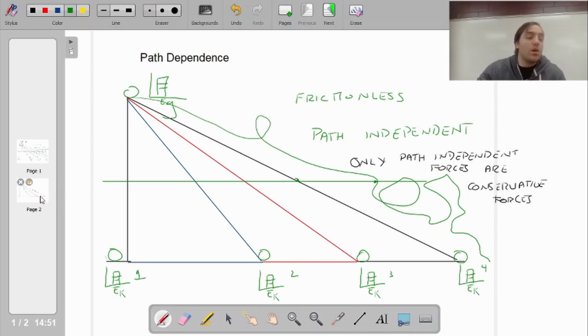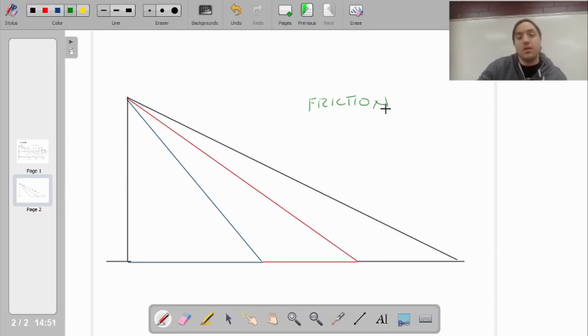Now, if we were to talk about friction, suddenly the path you take to get to the bottom matters a lot. Because while you will have the same amount of Eg here, regardless of how you go about it, if you fall off the edge and don't have any friction, versus you go down the shorter path in blue, slightly longer path in red, or the longest path in black, the amount of friction they're going to experience from the slope increases with the distance.